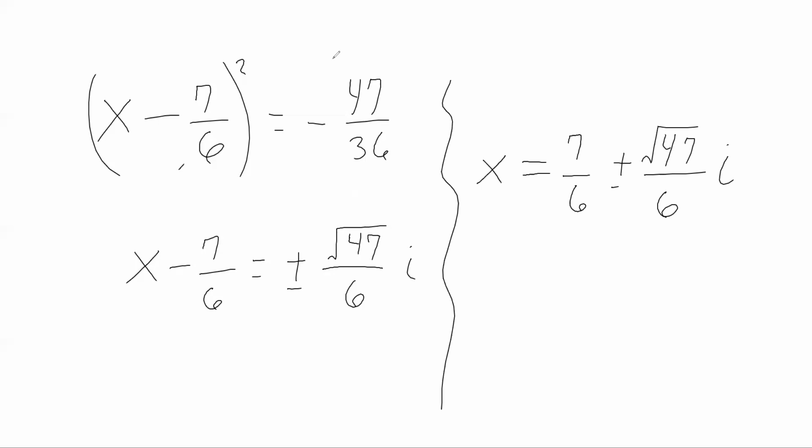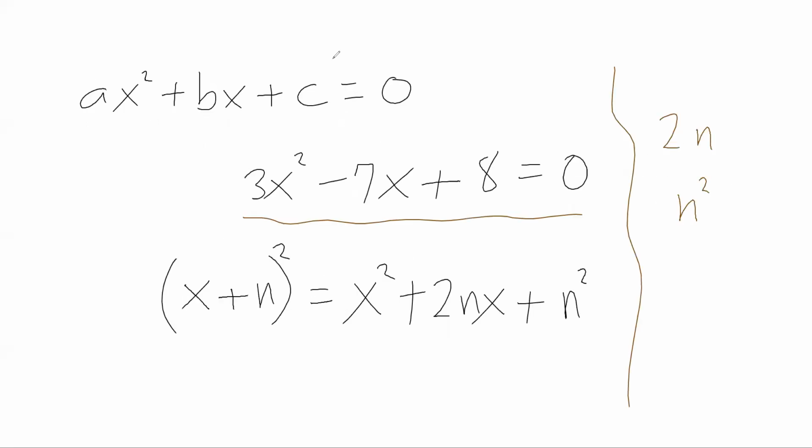For graphing purposes, what these would tell us is that actually if you have the parabola y equals, what did we start off with? Back up a few screens here. If you had the parabola y equals 3x squared minus 7x plus 8, well, it's never equal to 0 for any real number.